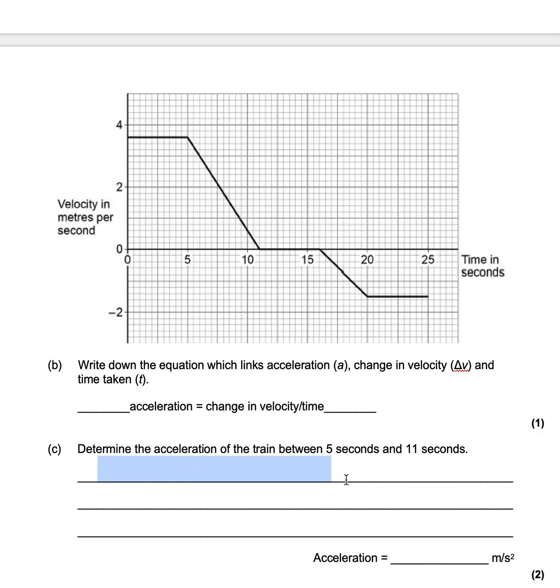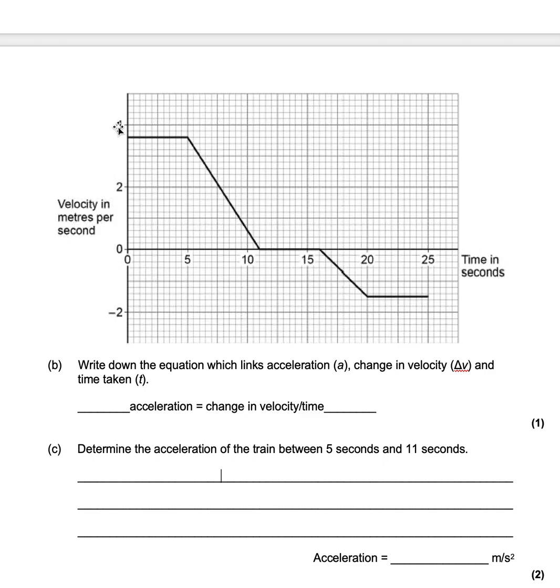So between 5 and 11 seconds, so we need to look, 5 is here, okay, and 11 is here. So we need to work out the change in velocity. So at 5 seconds, up here we've got the velocity, so we need to work out our scale. So you've got 2, 3 will be here, and 4 is here.